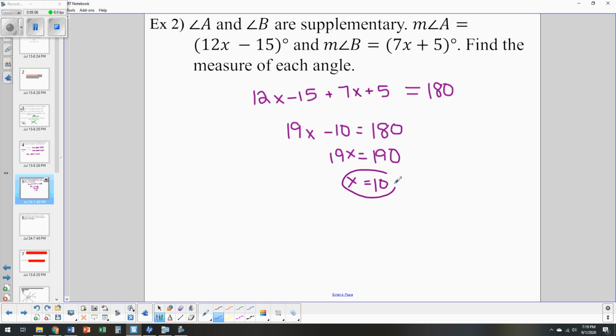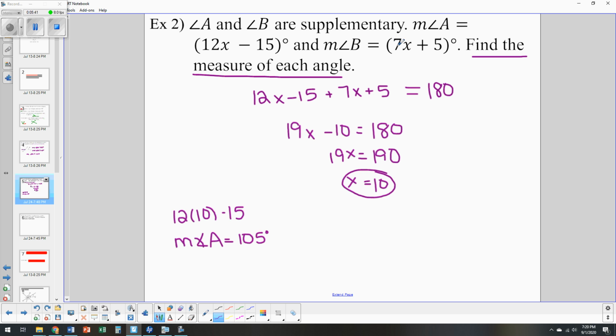That's not exactly what they asked us for. We want to find the measure of each angle. So I'm going to substitute this 10 back in. So for angle A, that's going to be 12 times 10 minus 15. So that's 120 minus 15. So the measure of angle A, notice I put the little m in front when I'm talking about the measure, is 105 degrees.